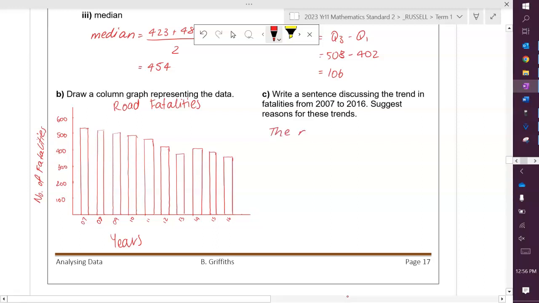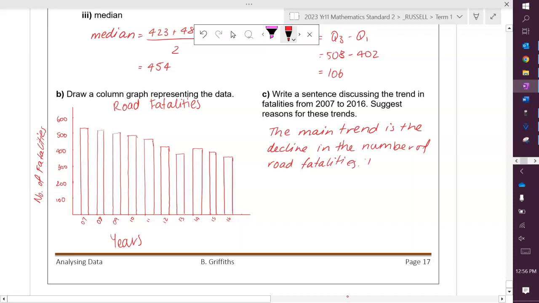So we can say here the main trend is the decline in the number of road fatalities, and this could be due to, so we need to give a reason why, education, driver training courses, and lowering speed limits.